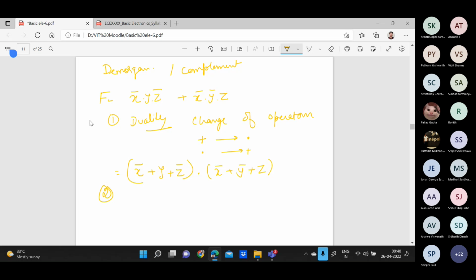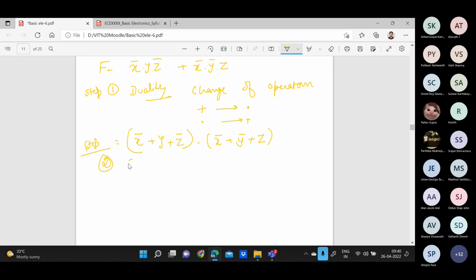This was step 1, the duality. Now in step 2, what you have to do is take the complement of each literal. Literals means x, y, z. For example, x bar is there, so you have to take one extra complement here, plus y complement, plus z complement.